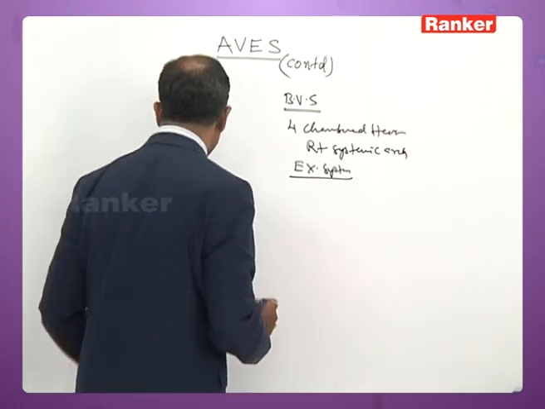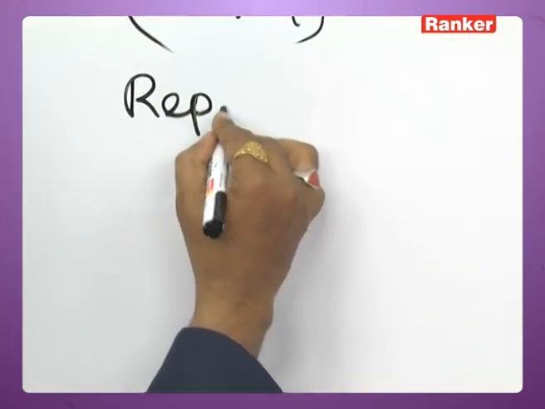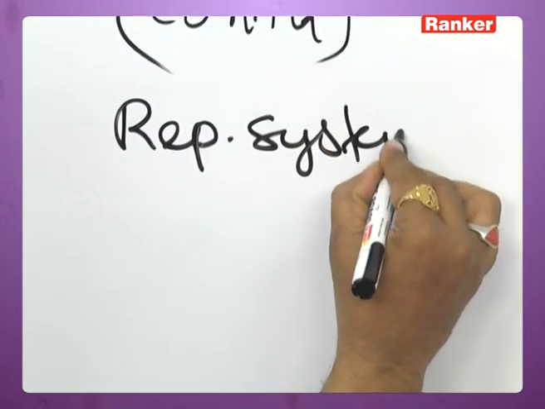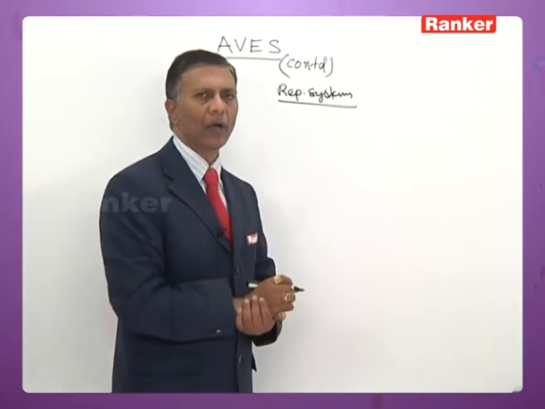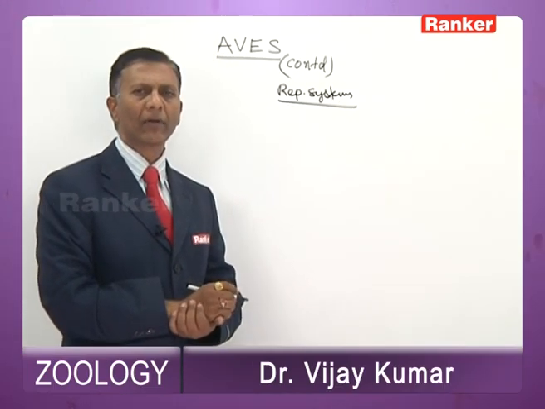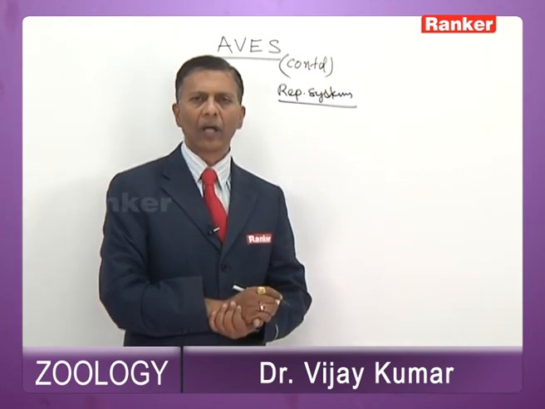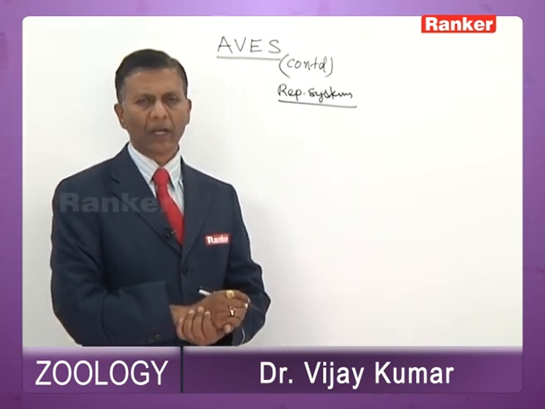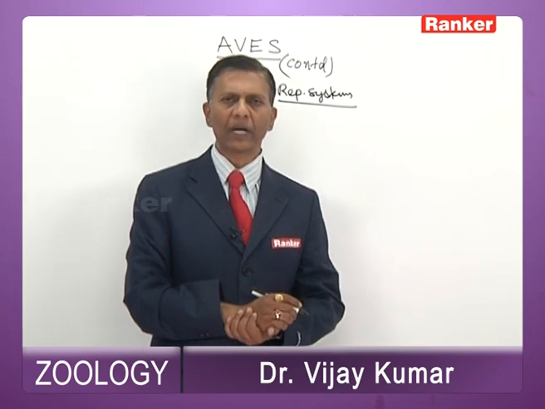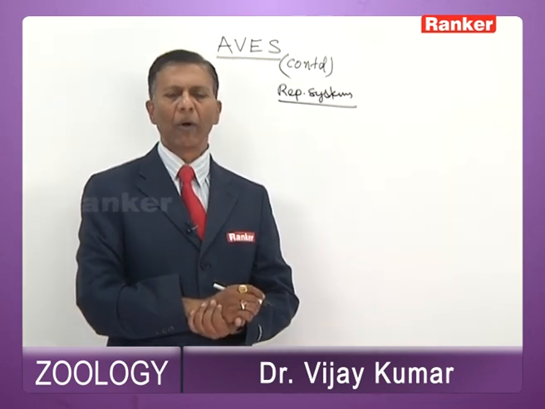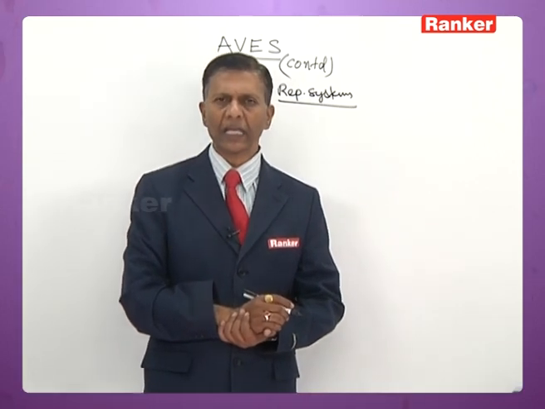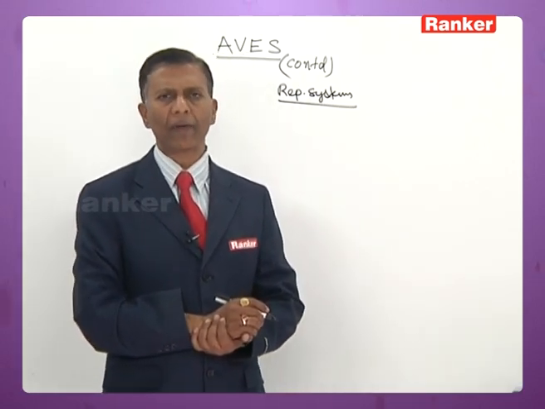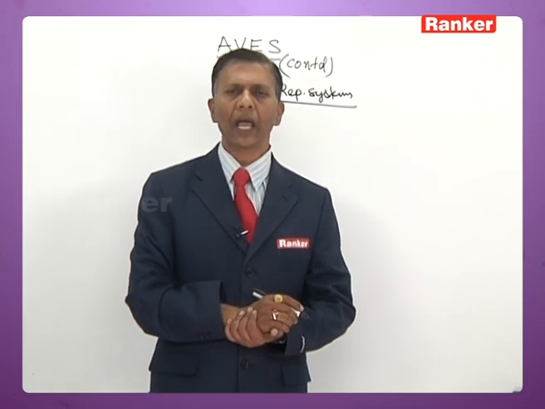Then the reproductive system, modifications you observe here. In flight birds, copulatory organs are absent. However, in certain flight birds like ducks, geese and mountain quails, copulatory organs are present. Except for these, in all other flight birds copulatory organs are absent.